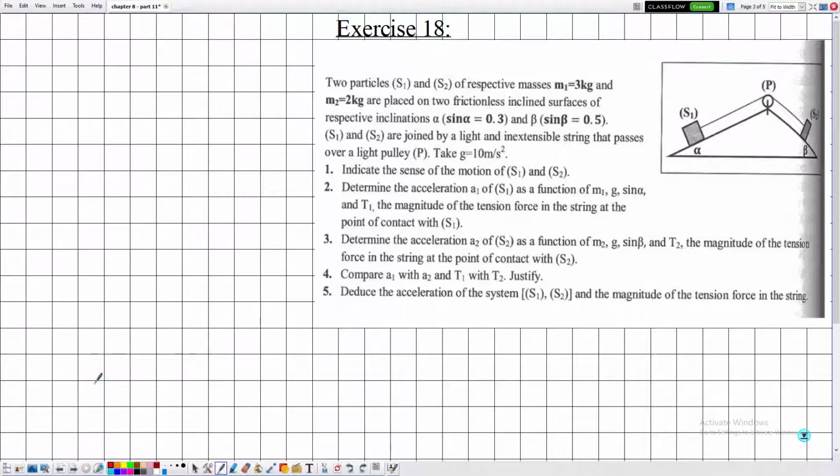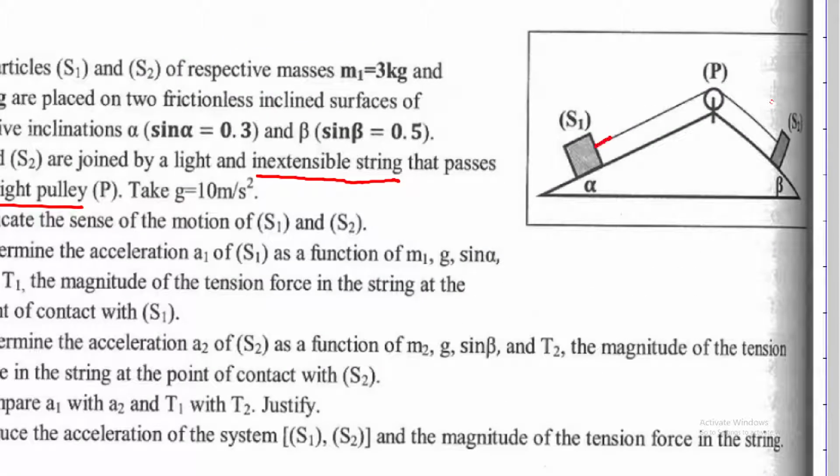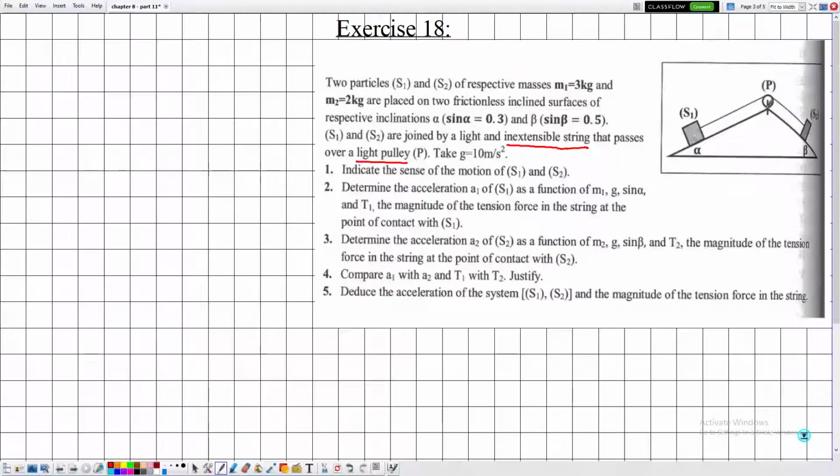S1 and S2 are joined by a light inextensible string that passes over a light pulley. So here, because we have an inextensible string and the pulley is light, the four tensions that we have here, here, here, and here, all of them are equal. Whenever we are calculating, we need to justify properly.